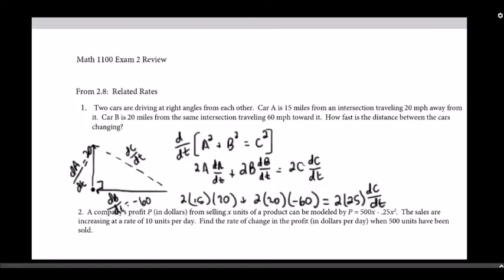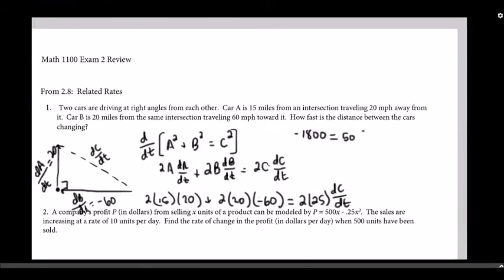So we've got 600 plus negative 2400, which is negative 1800, equals 50 dc/dt. So dc/dt is negative 36 miles per hour.